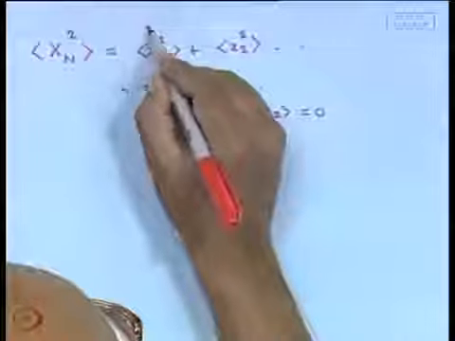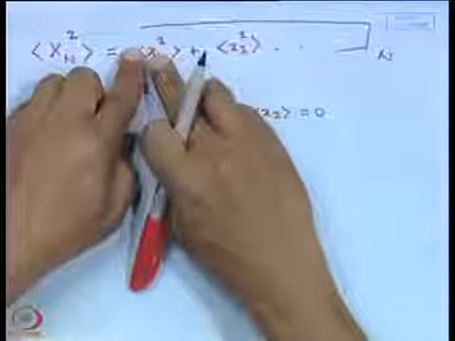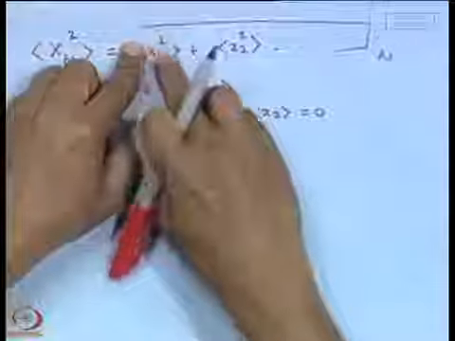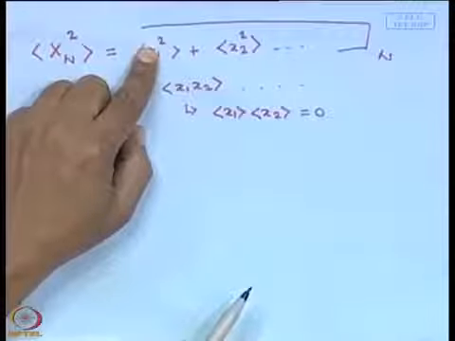So, it is only these n terms over here which contribute. There are n such terms. And this is the mean square displacement for one step, and this is going to be the mean free path of the photon.